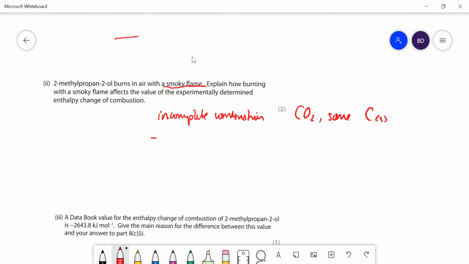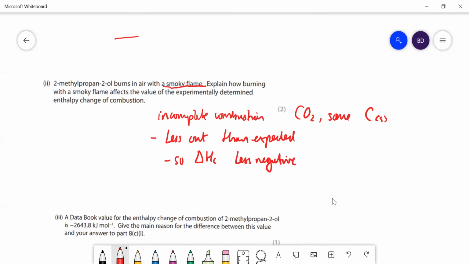That means you'll get less energy out than expected. So delta HC will be less negative. Rather than say not as big, it's probably better to say less negative.